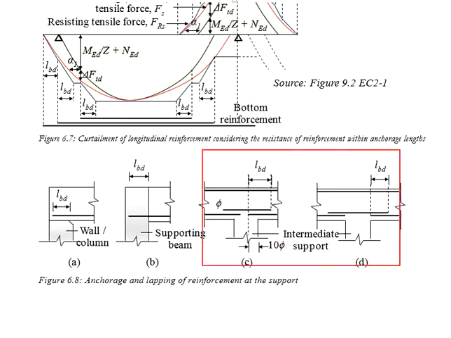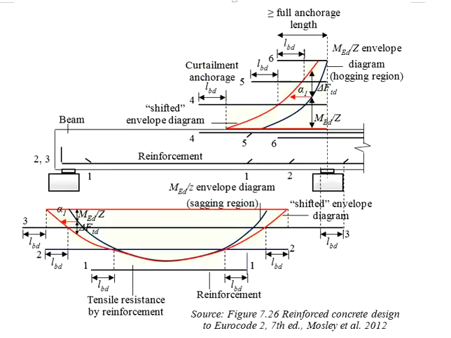This is applicable when you have discontinued reinforcement. In normal practice, we will extend the reinforcement towards the other side, where we have the reinforcement from the other side extending through the support. With that, we ensure the lapping between the two reinforcements. This is another way to do the lapping at the support.